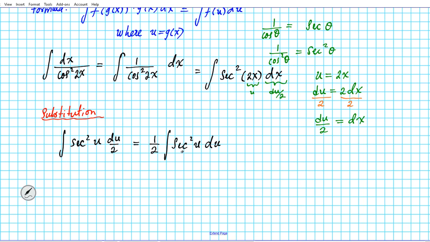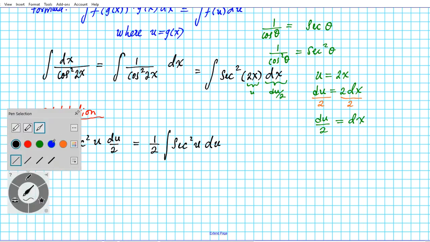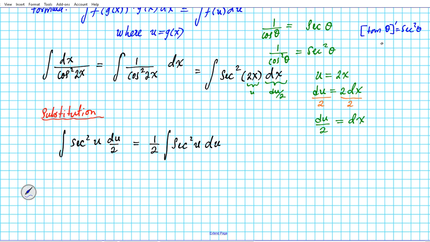Alright, so remember what the antiderivative of secant square theta is, right? If you integrate secant square theta, you end up with tan, because we know that the derivative of tan theta is secant square theta. Let's just write that down just as a refresher. If you differentiate tan, you get secant square theta. Okay, so when you integrate, you have tan theta plus c.